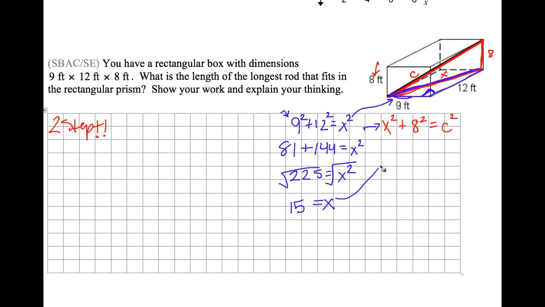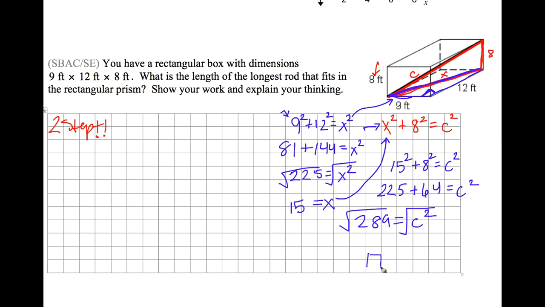So I'm going to take that 15 and substitute it in, and I get 15 squared plus 8 squared equals c squared. 225 plus 64 equals c squared. Let me pull up my calculator. 225 plus 64 equals 289. Get the square root, and I have c equals 17.